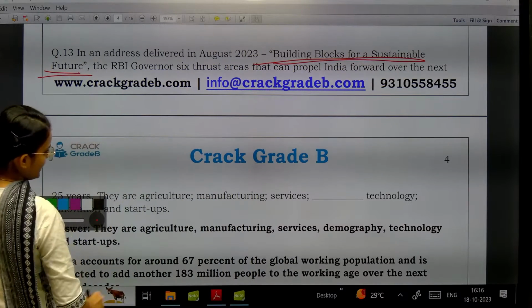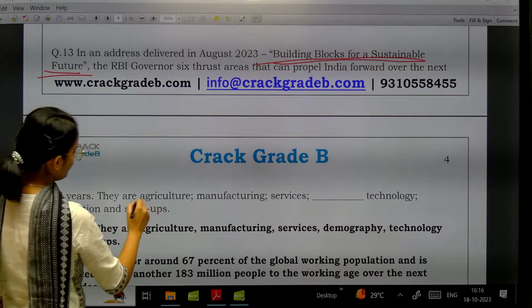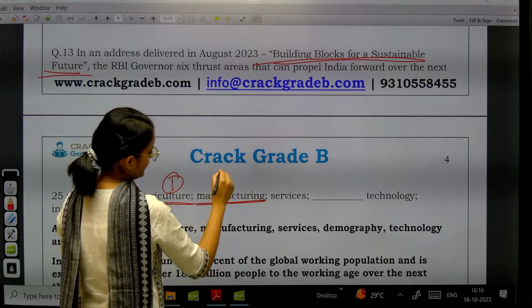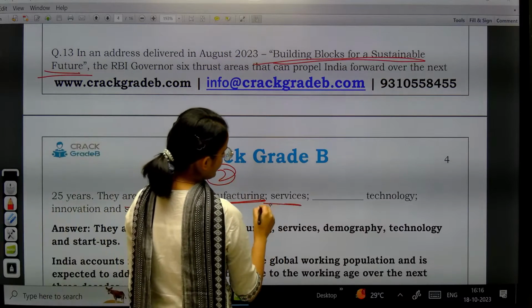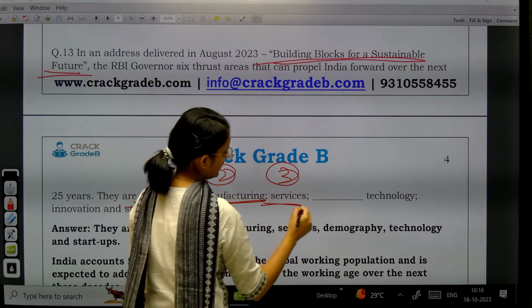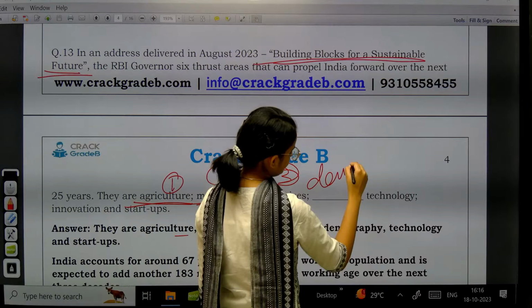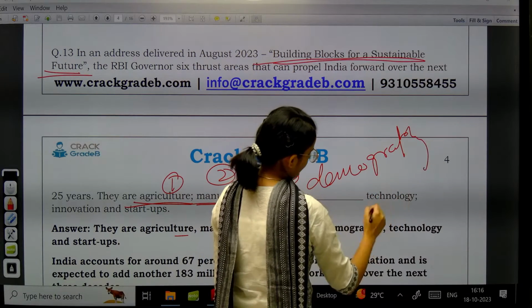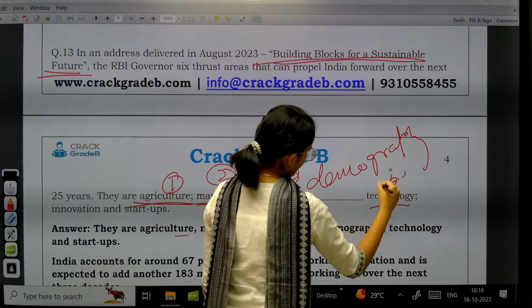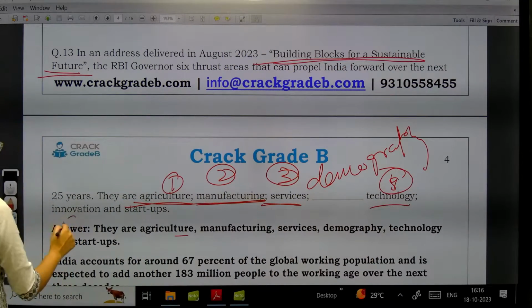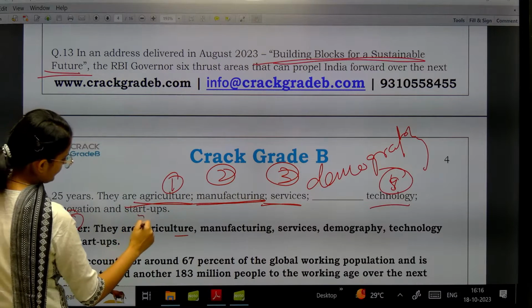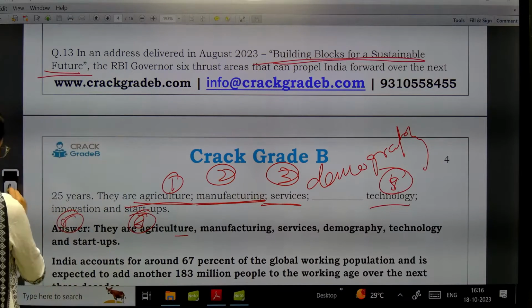First is agriculture, second is manufacturing, third is service, fourth is demography. This was asked. Fifth is technology, sixth is innovation, technology and innovation, sorry, and sixth is startup.